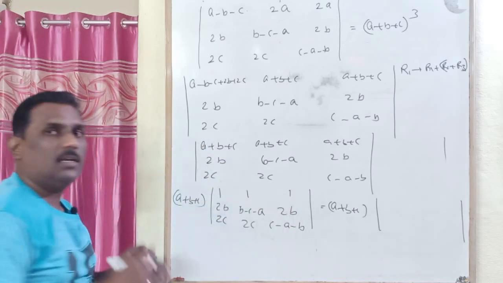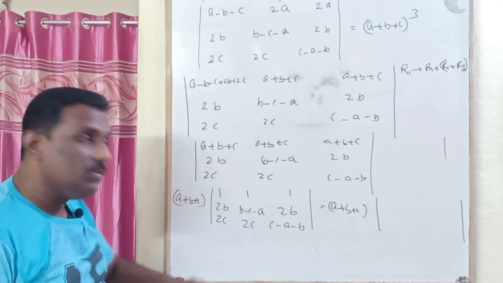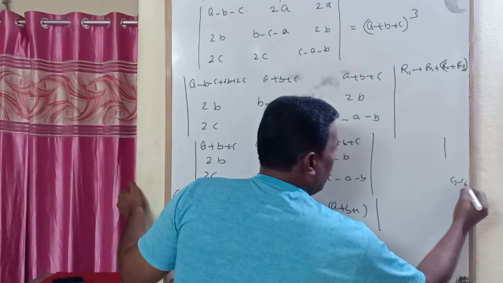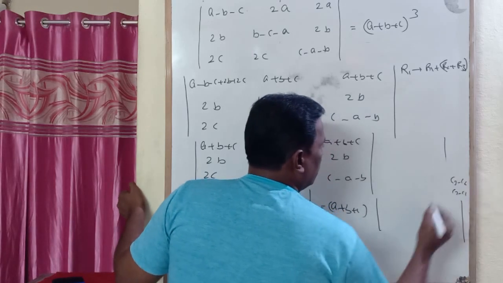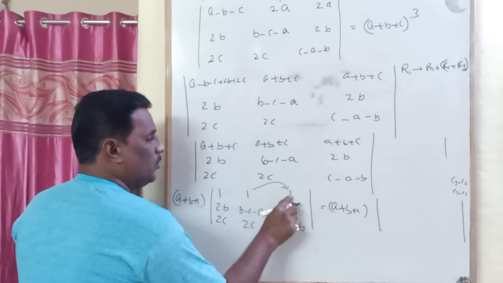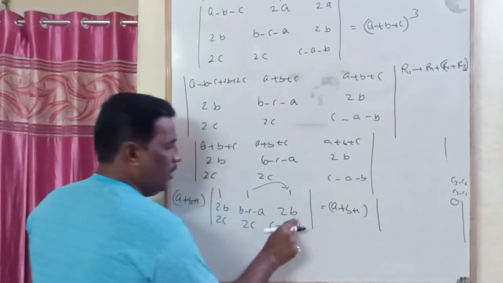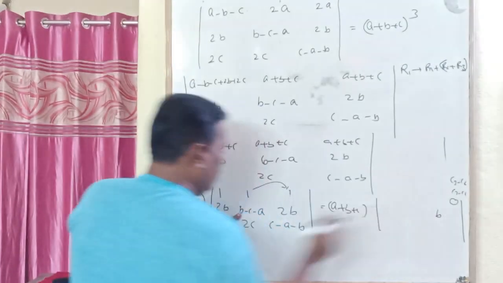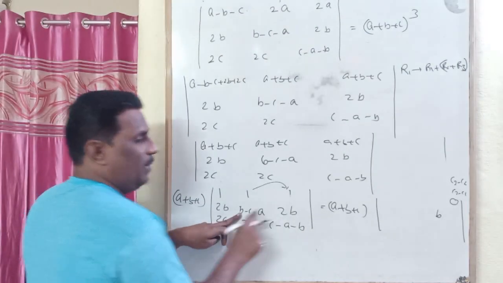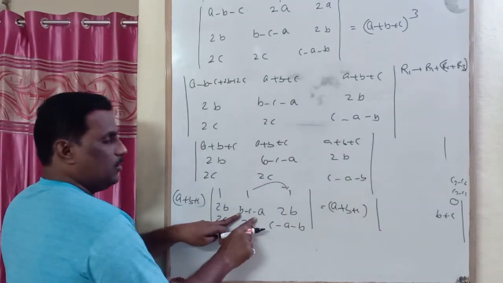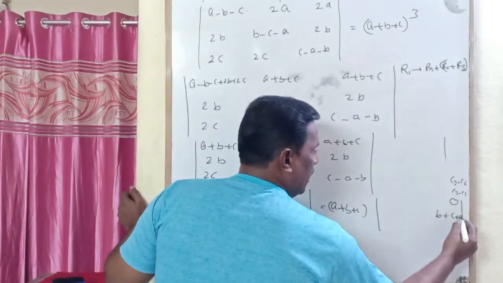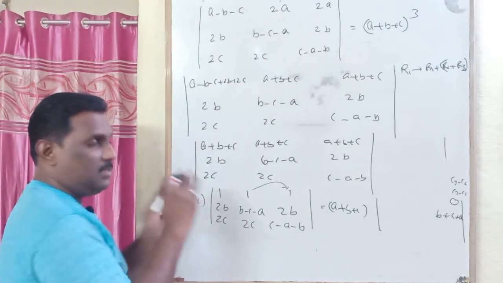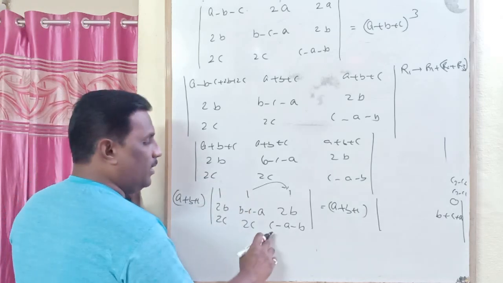When 3 equal values are obtained, I can make them 2 zeros. Now that final remedy you can use here. C3 minus C2, 1 minus 1, 0. 2B minus of this. 2B minus B will become B. 2B minus of minus C will become C. 2B minus of minus A plus A. Whenever you are subtracting 2 terms and the second term contains minus signs, so minus of minus, that care has to be taken.